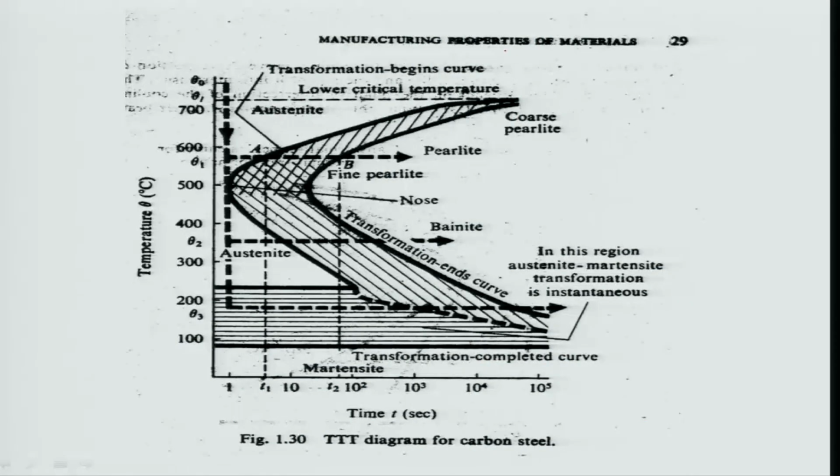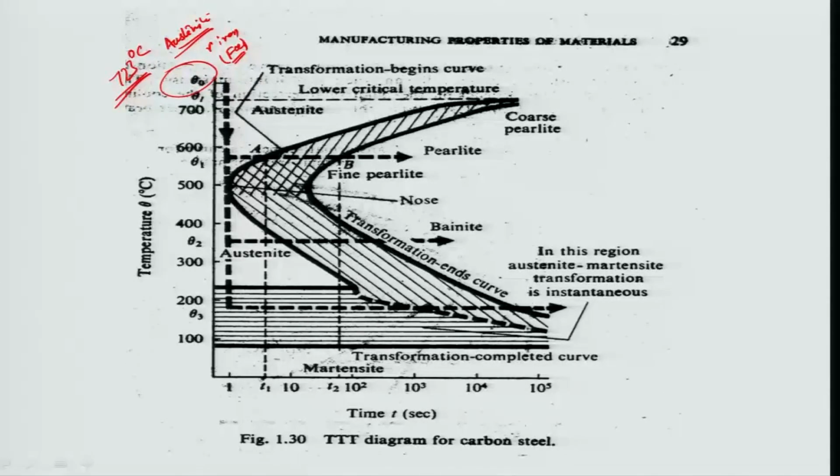So, here for example, as you can see, the transformation begins from this particular temperature, which is probably 723 degrees Celsius, and this is where the austenitic state is present. So, we call it austenite here, okay. So, it is gamma iron, you can say, with an FCC kind of structure where ferrite is present all through the gamma iron phase, okay.